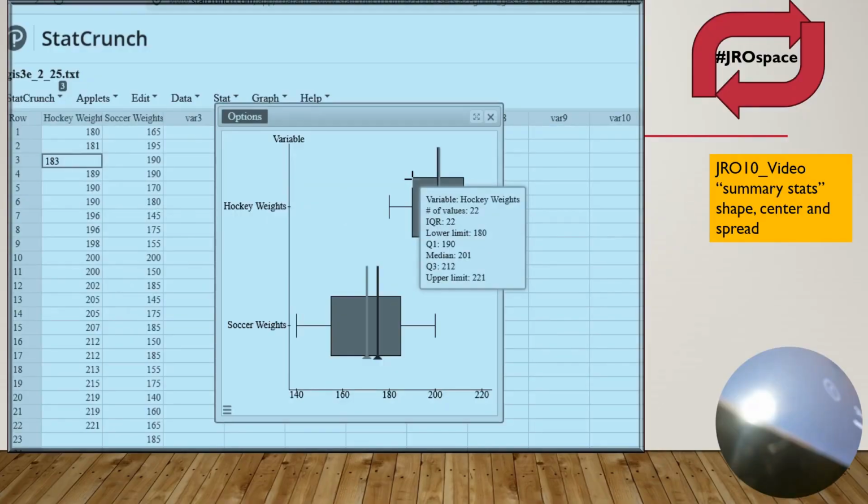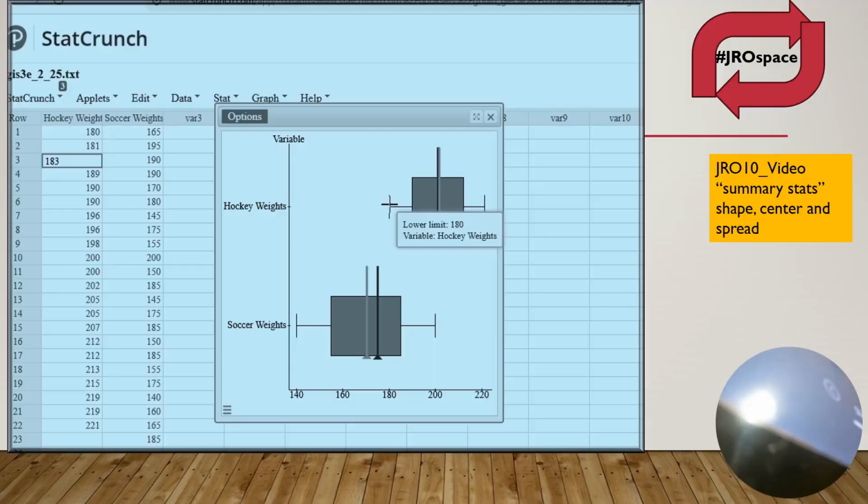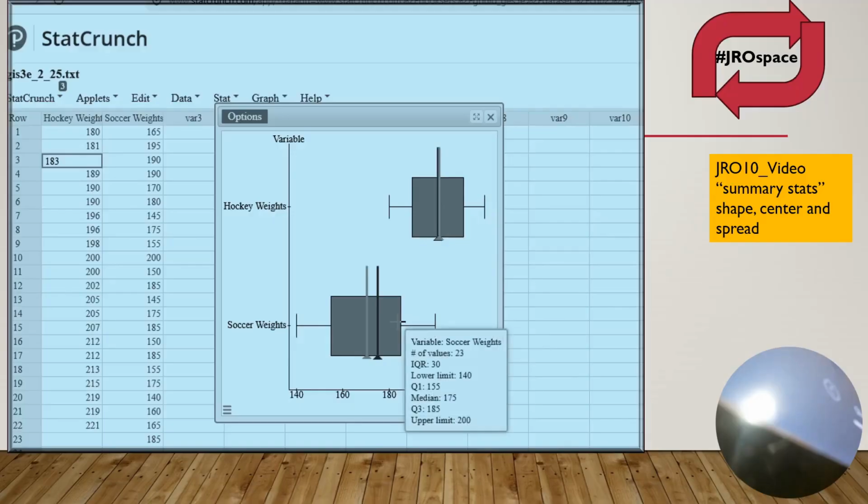You've got your 5-number summary values, your IQR, your Q1, there you go. Just hover over it, and then it'll show you data points, the lower limit, the upper limit, right? You can extrapolate this data. The box plot, I think, tells us a lot.